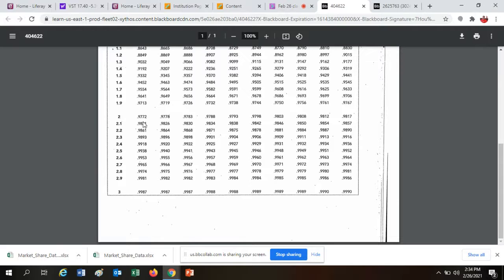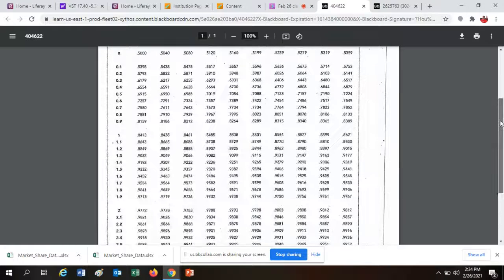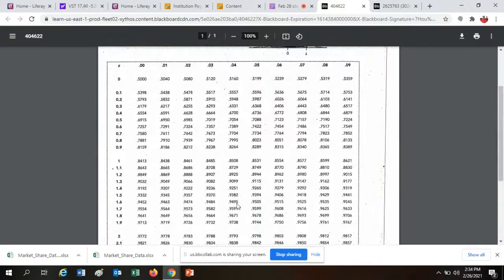0.9772, right? Then what I wanted to do was find the green area, because that's the area I want to subtract. What is the green area from minus infinity to 1.00? 1.00 is this number right here, which is 0.8413.